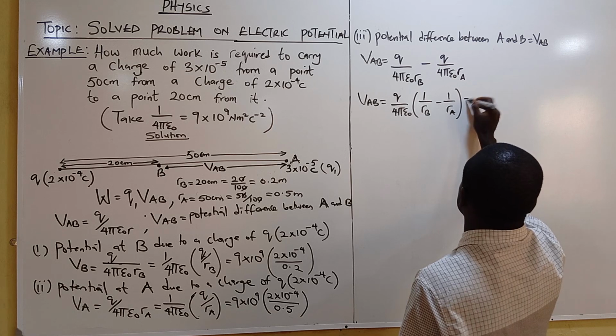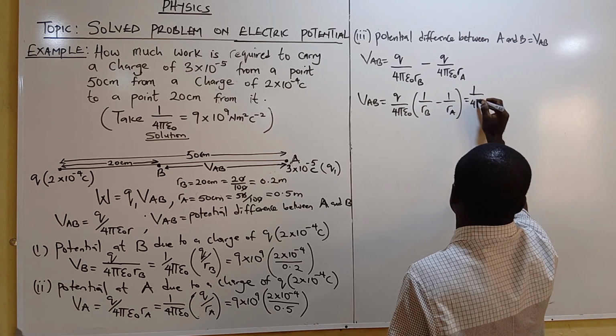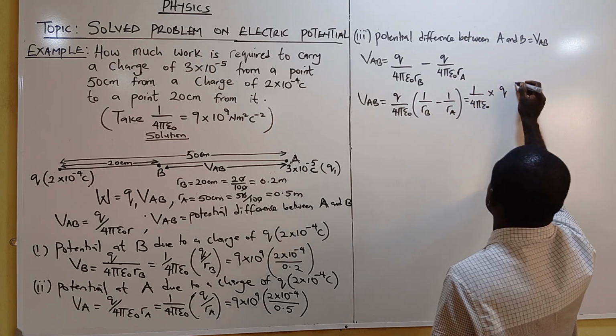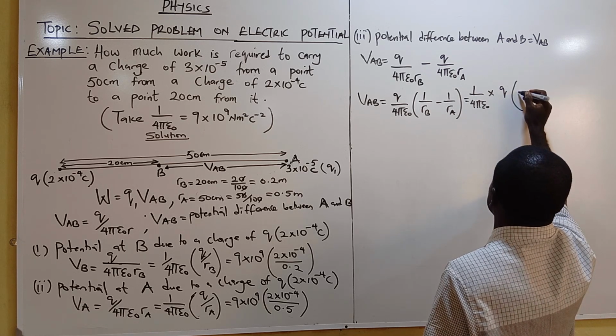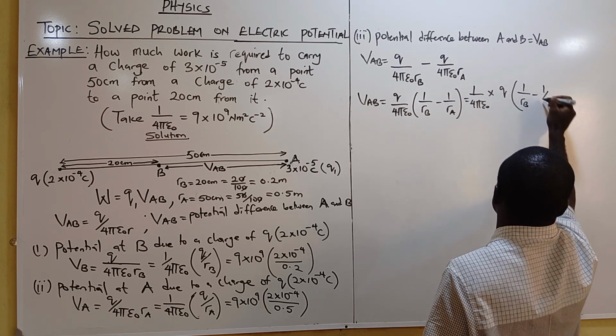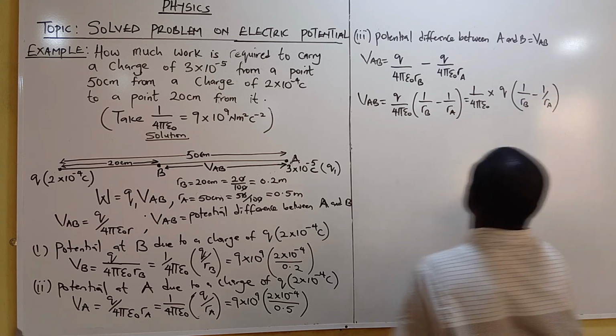Okay, it will now be 1 over 4 pi E naught, I'm trying to separate it, times Q, 1 over RB minus 1 over RA.